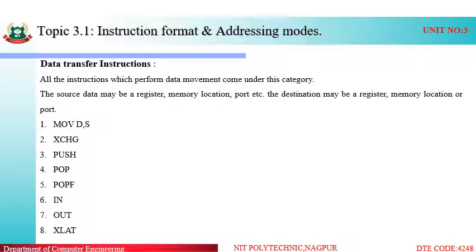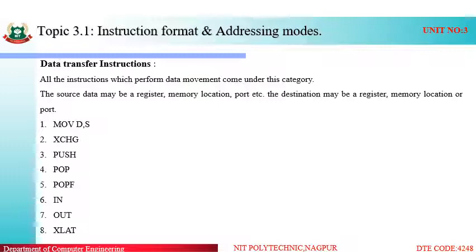Simply we have to transfer the data from one part to another, from one register to another register, from one memory location to another memory location. That type of instructions are called data transfer instructions. These instructions are used to transfer data from a register, memory location or port to a destination. Source will be a register, memory location or port.